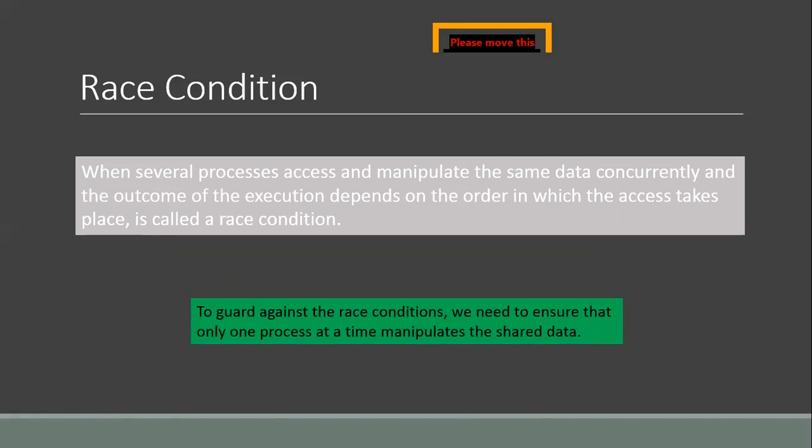To guard against race conditions, we need to ensure that only one process at a time manipulates the shared data. In other words, we need synchronization mechanisms to ensure that only one process is allowed to manipulate the shared data at any time.